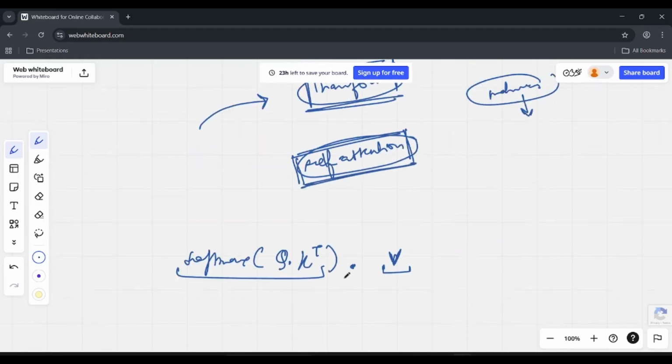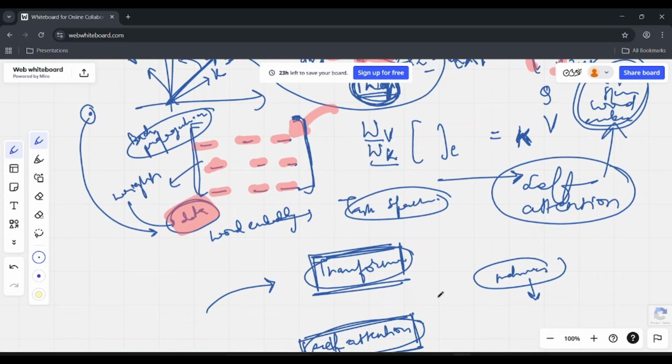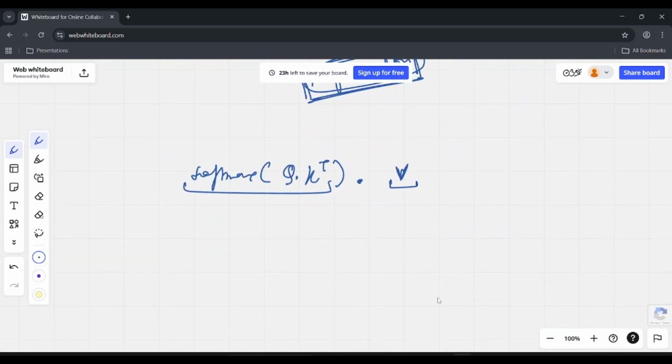Because if I just go up, there also we were applying softmax, so here also we must apply softmax, because ultimately these are dot products and we need to normalize them. Then we multiply it with the value vectors. So this is what your task specific contextual embeddings are.